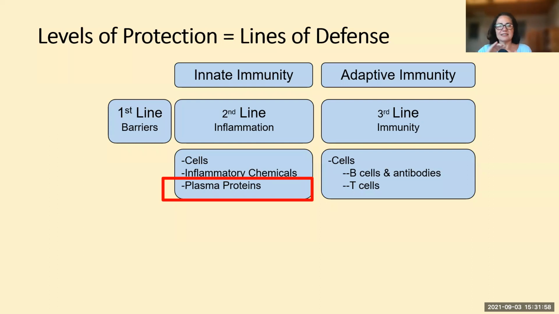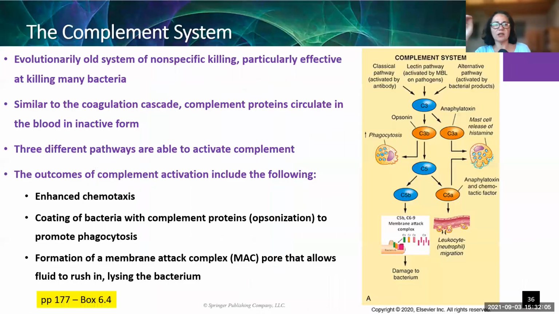All right. And so we mentioned the plasma protein systems. We're going to focus on the complement system. Our textbook has its own description. On this page, there's a box that goes through complement in some detail. This is quite good at killing bacteria.